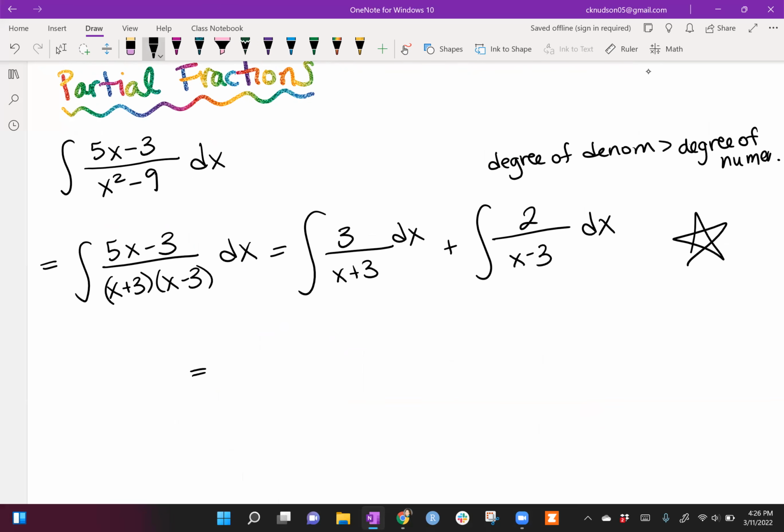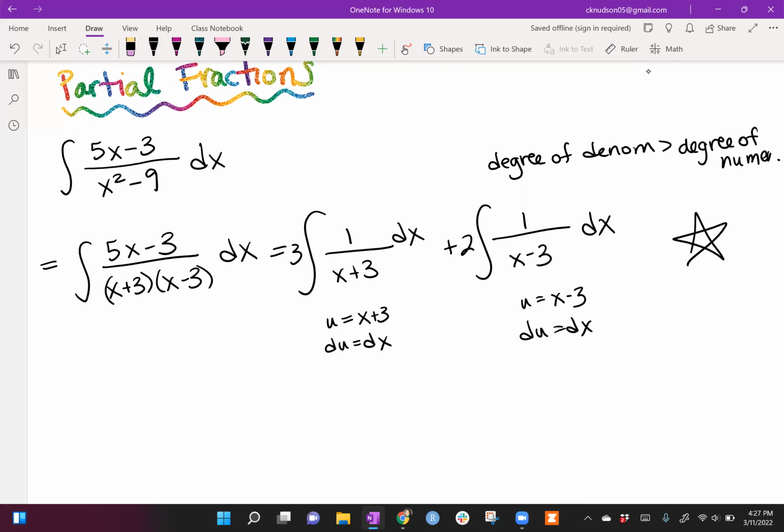So for the first one, if we want, we could pull the 3 out in front. And for the second one, we can pull the 2 out in front. And here we can use u substitution with u equals x plus 3, du equals dx. And then for our second one, we can use u equals x minus 3, du is equal to dx.